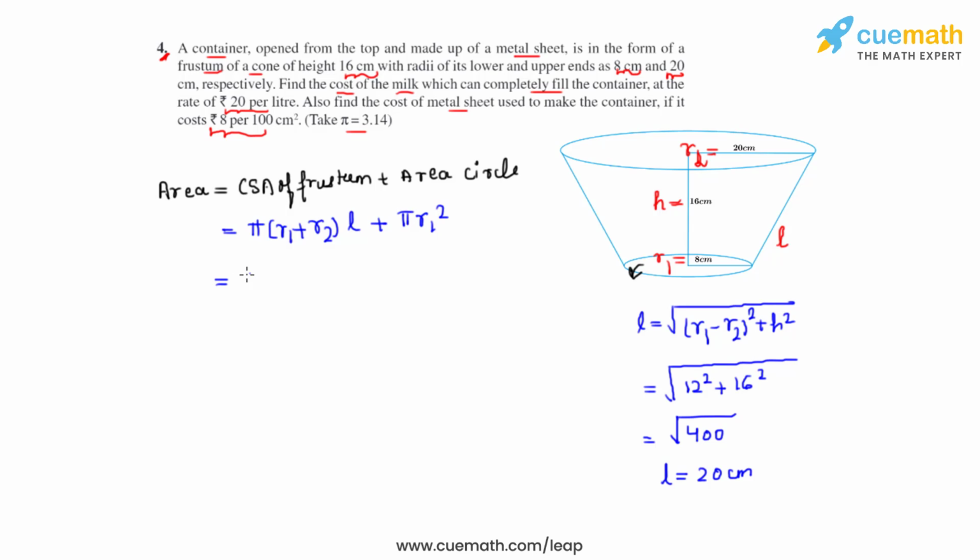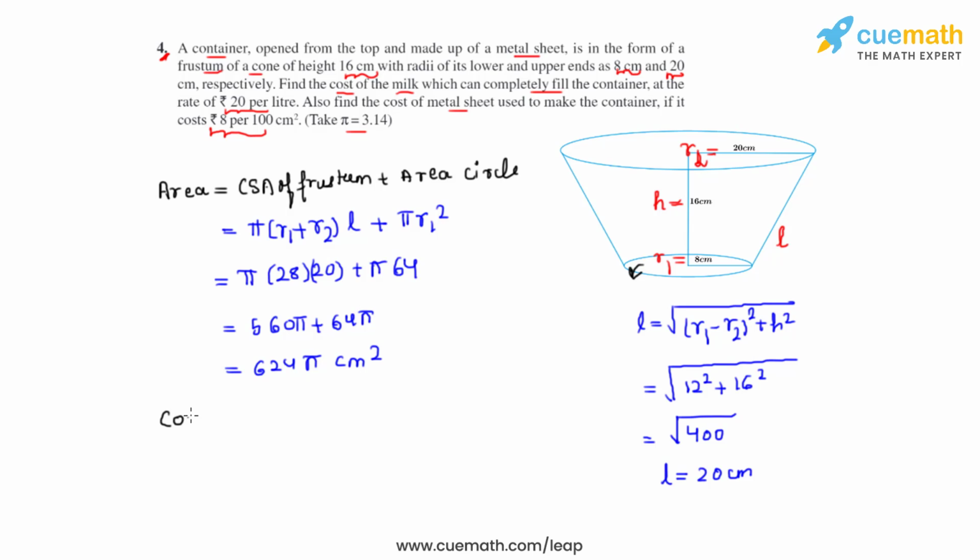Keeping pi as it is, R1 plus R2, which is 20 plus 8, comes as 28, times slant height, which is 20, plus pi r1 square. R1 square is again 8 square, and that comes as 64. So we get 560 pi plus 64 pi. On addition that comes as 624 pi centimeter square.